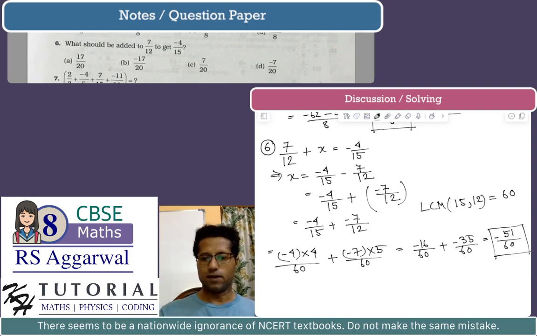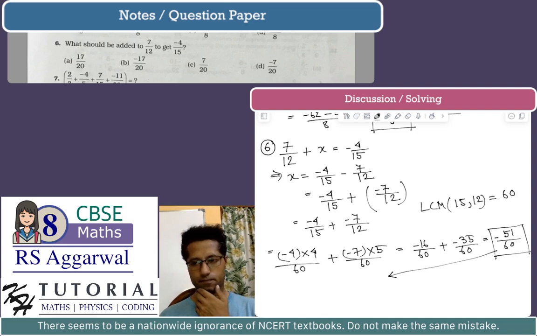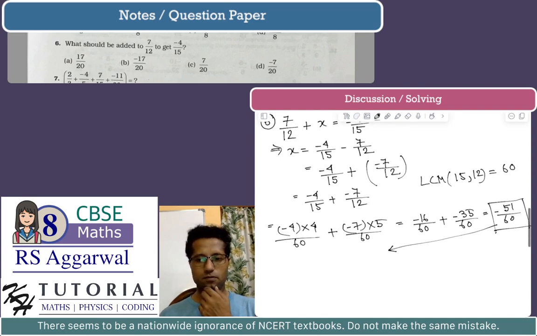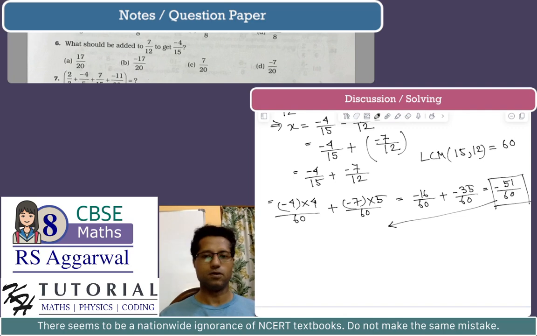Okay. So minus 51 by 60 is not in standard form, since the numerator and the denominator have a common divisor of 3. So we will have to convert this to standard form because the choices are given in standard form.